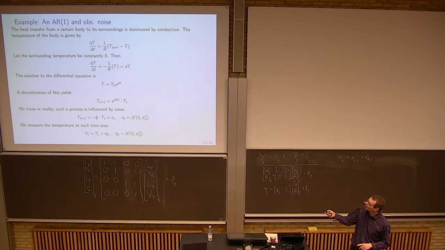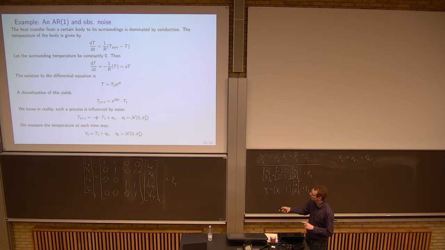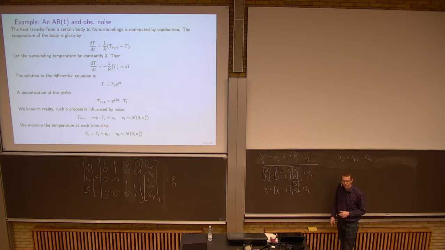It's an AR1 model that we have down here, and then we observe it with some noise. Can we represent this in a similar way to what I wiped out here before for the MA model that we have with some noise? What if it is an AR1 model that we observe with noise? How does that work out?